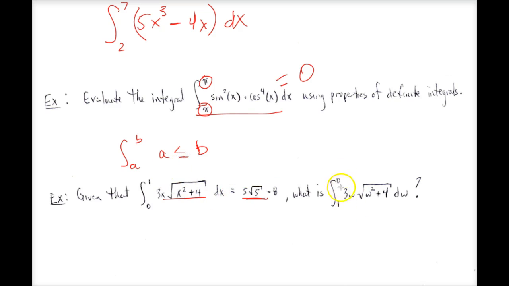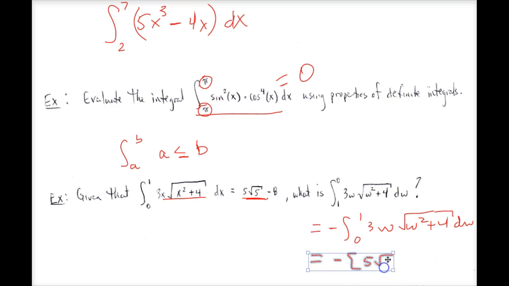But in this case, we have it in reverse, so that means we would have to interpret this as being the negative of what we would have here. So with all that said, it would just be the negative of the answer that we already have for this integral.